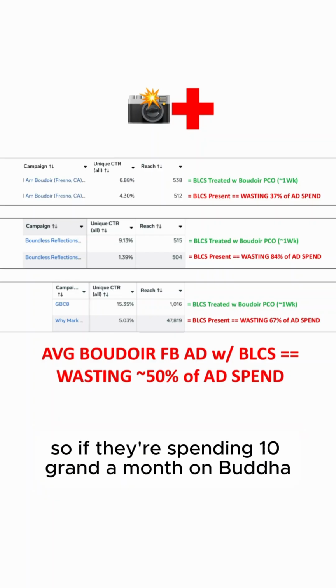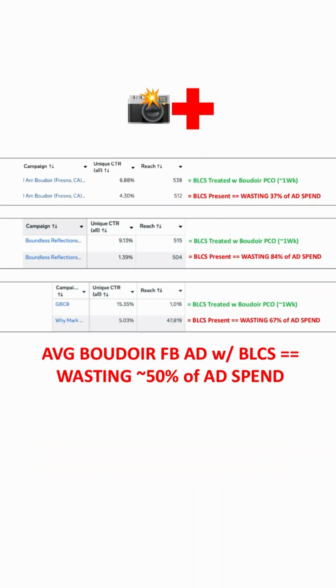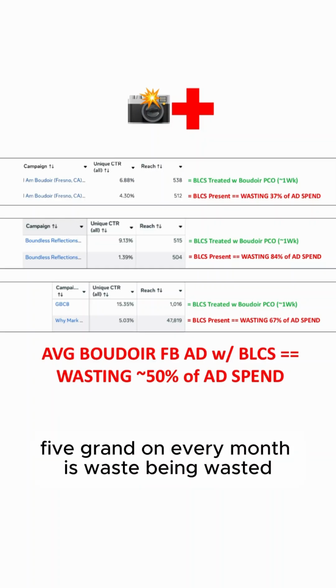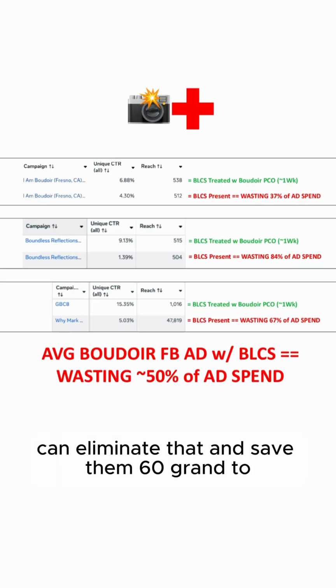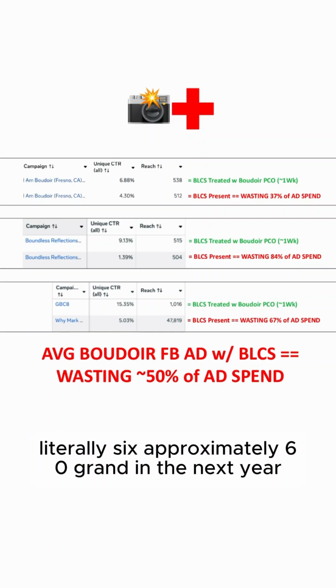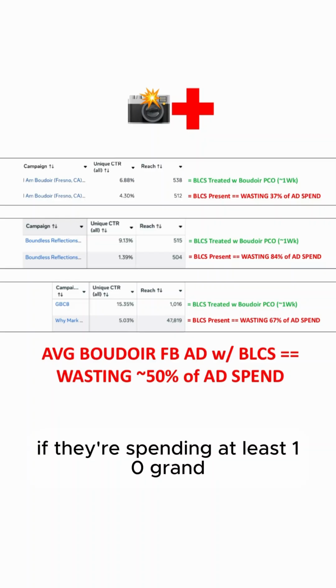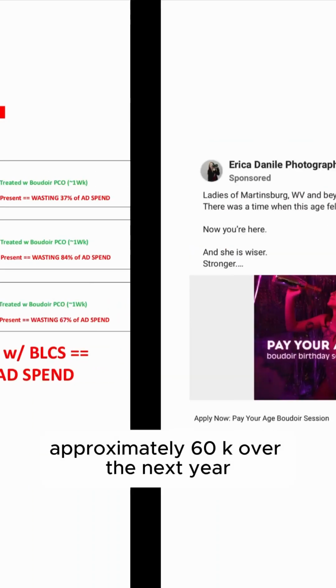So if they're spending 10 grand a month on Boudoir Facebook ads, on average 5 grand every month is being wasted, thrown down the drain. And we can eliminate that and save them approximately 60 grand in the next year if they're spending at least 10 grand a month in Boudoir Facebook ads.